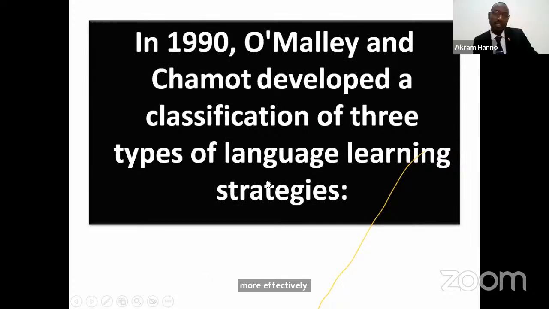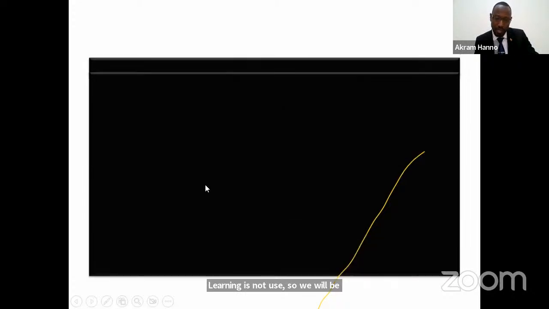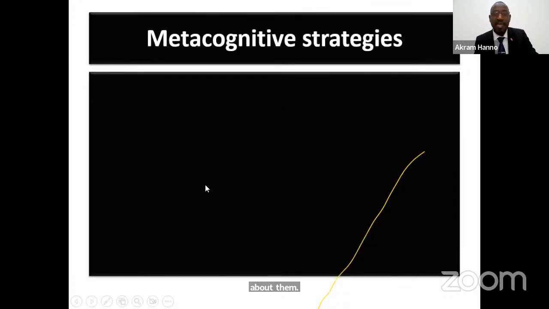In 1990, O'Malley and Chamot developed a classification of three types of language learning strategies. So we will be talking about them. Here they are.